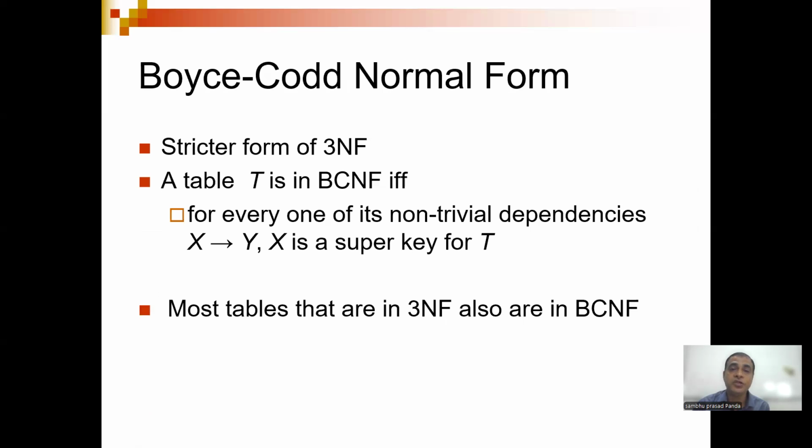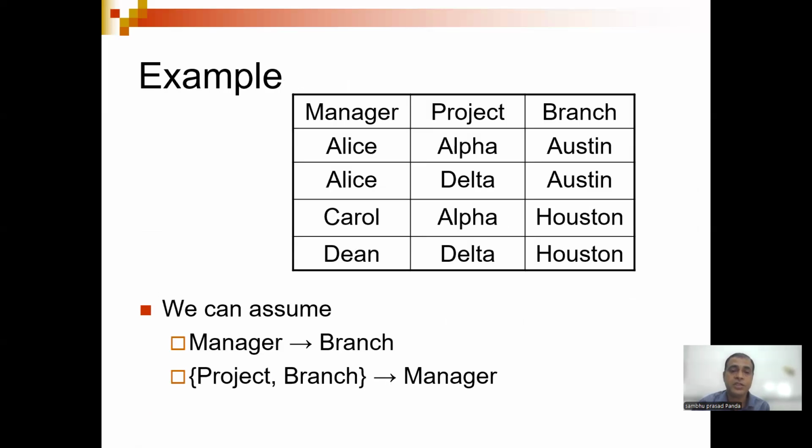Then Boyce-Codd normal form. It is a stricter normal form than 3NF. A table T is in BCNF if for every non-trivial dependency X determines Y, X is a super key for table T. Most tables that are in 3NF are also in BCNF. This one is the example. Manager determines branch.